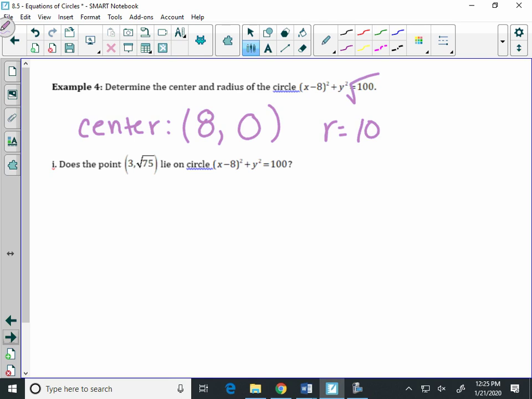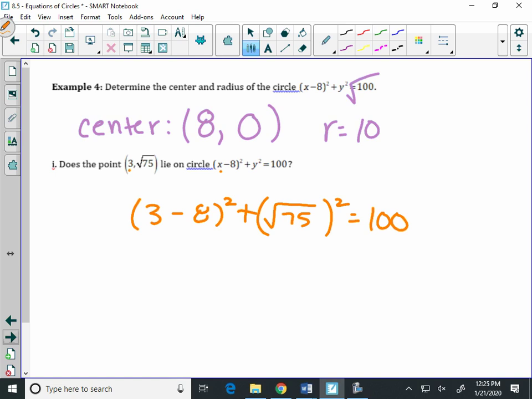And then it asks, does the point (3, radical 75) lie on this circle? We're going to do the same thing we did last time. We're going to find out algebraically. We're going to take 3, radical 75 and plug it in. So 3 is going to go in for x, and radical 75 is going to go in for y.